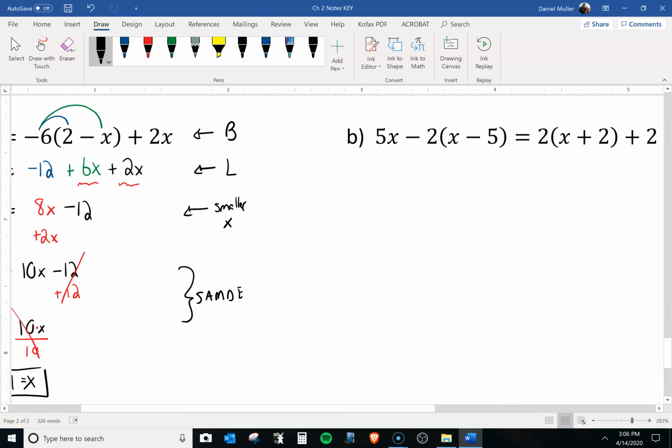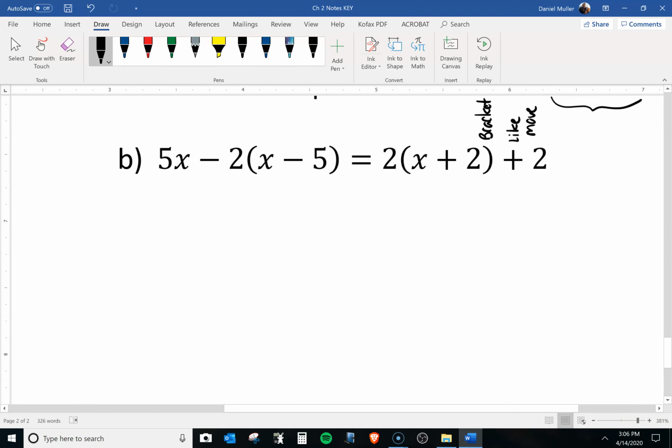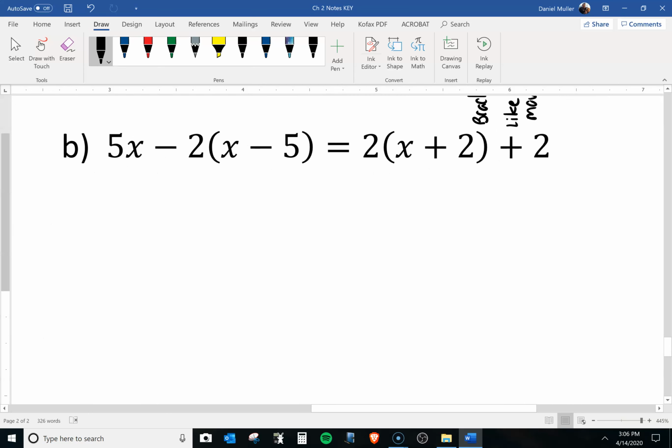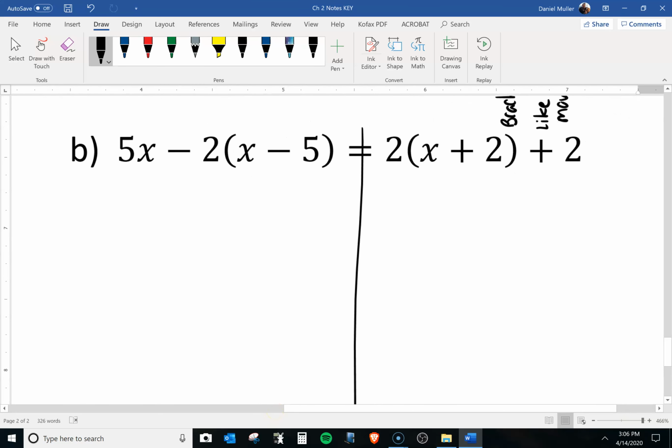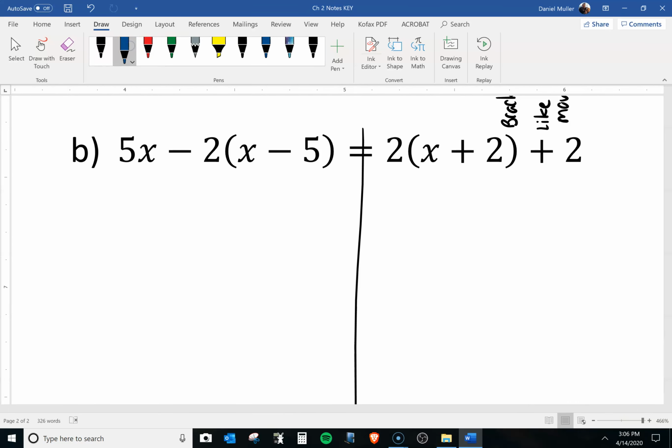Letter B here. Exact same thing. Actually first I'll start with making, I like to do this all the time, a little division. Step number 1, get rid of the brackets by distributing the -2 in. So -2 times x is going to be a -2x. And -2 times -5 is a +10.